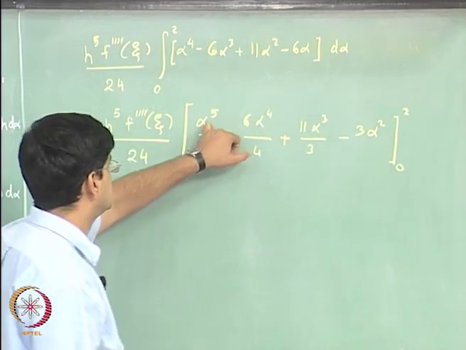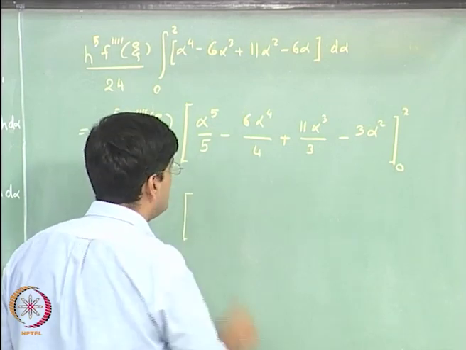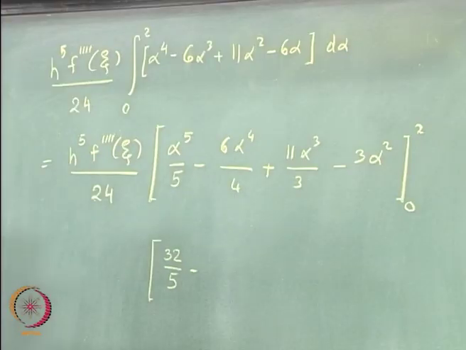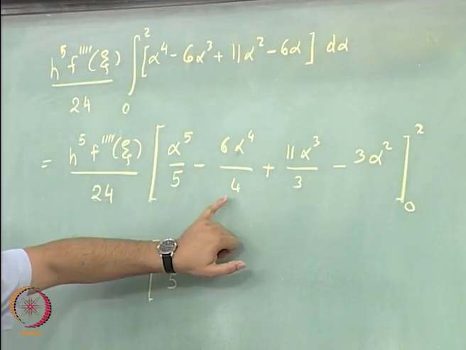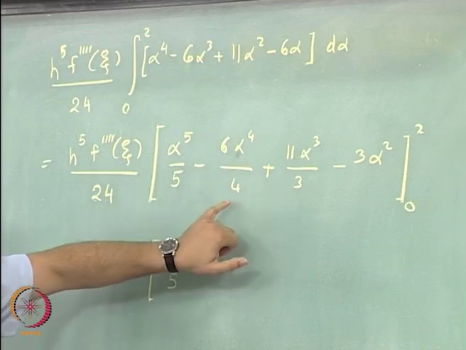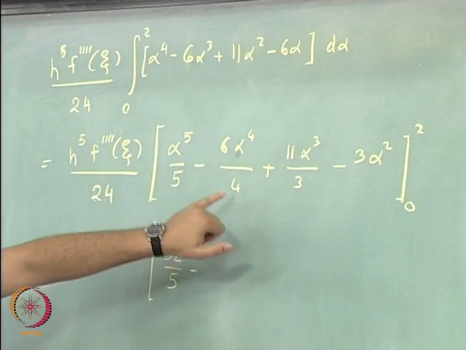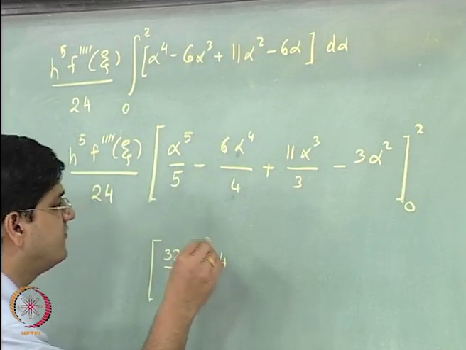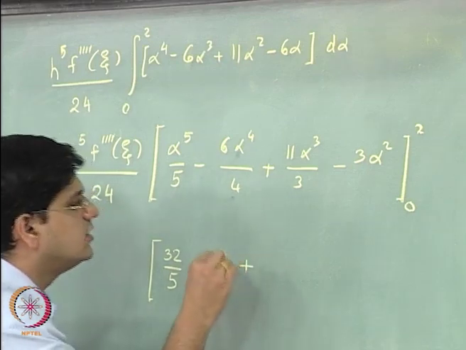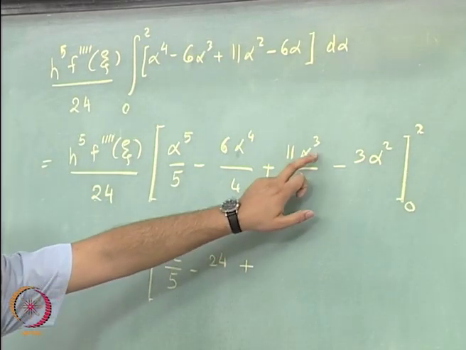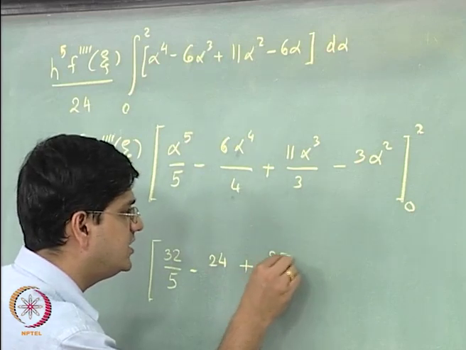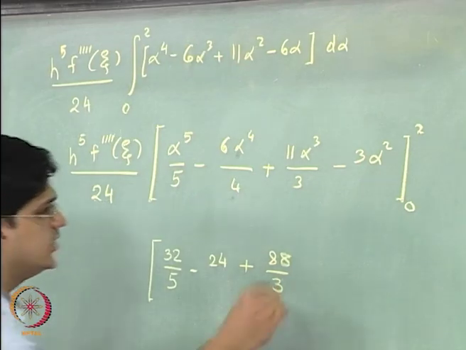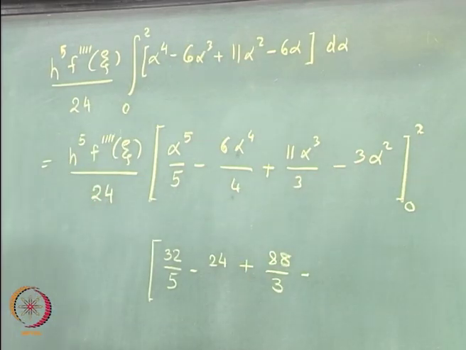Okay. So the first term is going to be 32 minus 0 divided by 5, so it is 32 by 5, minus 6 alpha to the power 4 by 4, alpha to the power 4 is 16, 16 divided by 4 is 4, 4 multiplied by 6 is 24, so minus 24, plus 11 by 3 alpha cubed, so that is going to be 88 by 3, and minus 3 times 4 is minus 12.